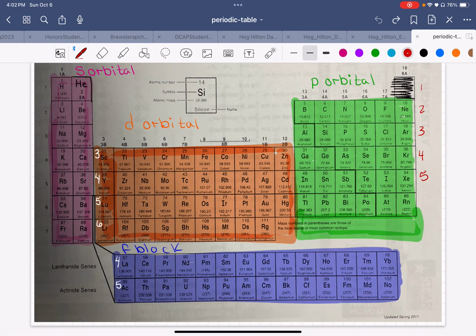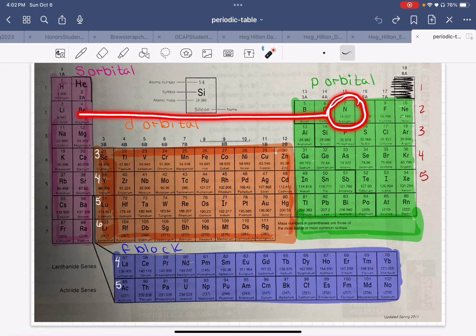How do we do shorthand? Well, before we do that, I'm going to show you something on here too. Here I am at nitrogen. How do I know that I was right on what I just did? Yes, I can count the electrons. But can the periodic table give that to me too? Well, let's look. Here's nitrogen. It's in the P block, because that's what we labeled it as.